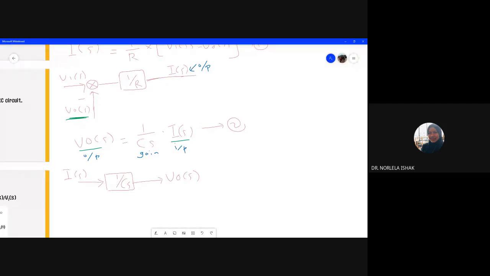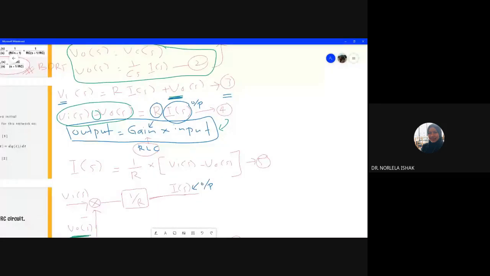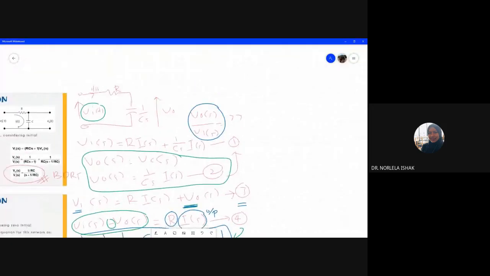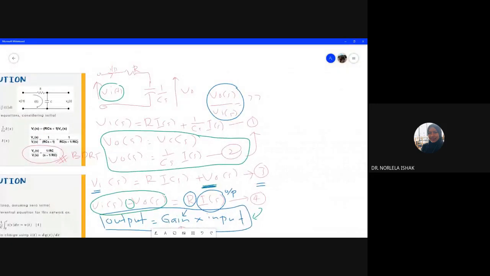Okay, we finish write all the equation. We only have two equations for this electrical system. First is equation one. Equation 1 meaning the total of the voltage around the loop. Okay. And then the second equation to show relationship between output voltage and the capacitor voltage.